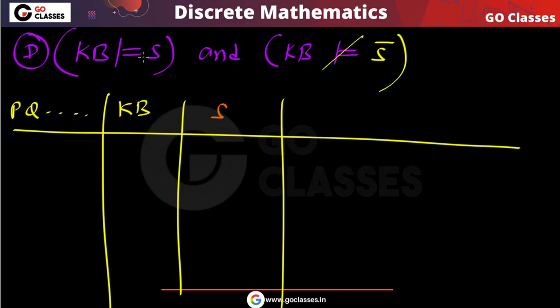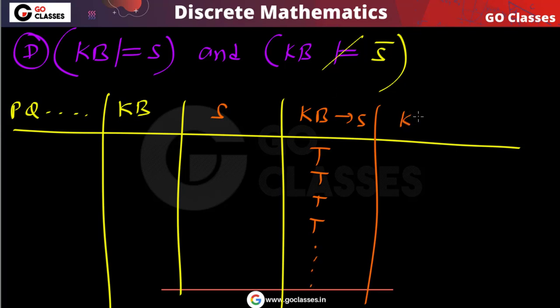Now the question is asking: is it possible that knowledge base implies S is a tautology, but knowledge base implies S bar is not a tautology?